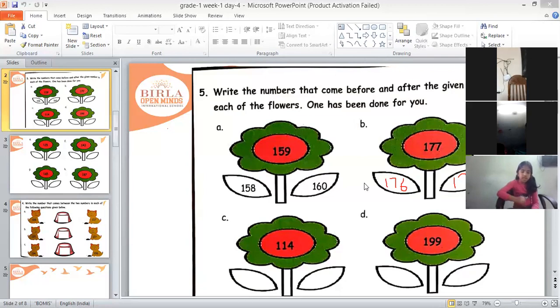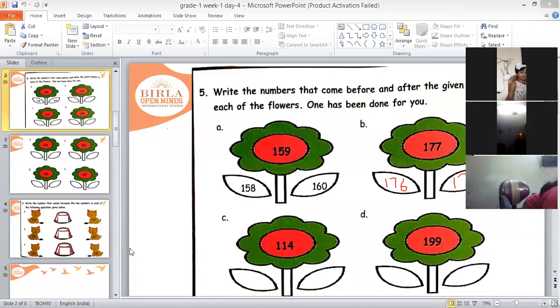Now come to bit C. Again you have to see what the number is. Yes, children. Now you have to tell the answer for bit C. Swarnika, unmute yourself.